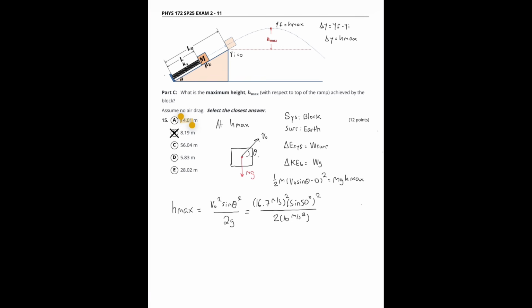And that will give us an h max of approximately 8.19 meters. And this will correspond to answer choice B.